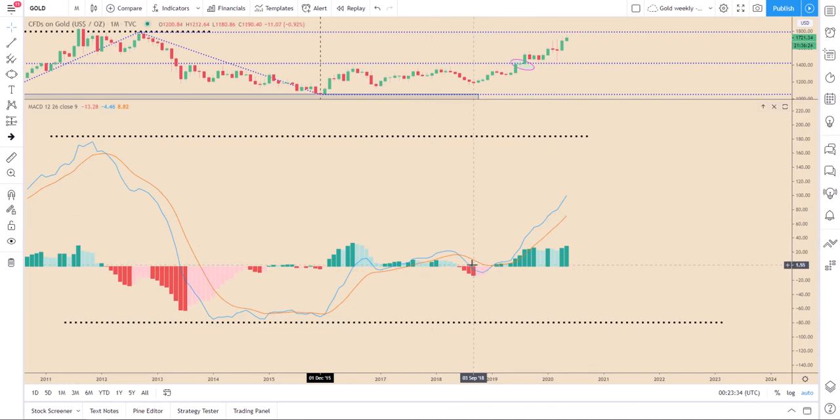And I think I got those backwards. I have a tendency to flip-flop those two. Shorter period average.